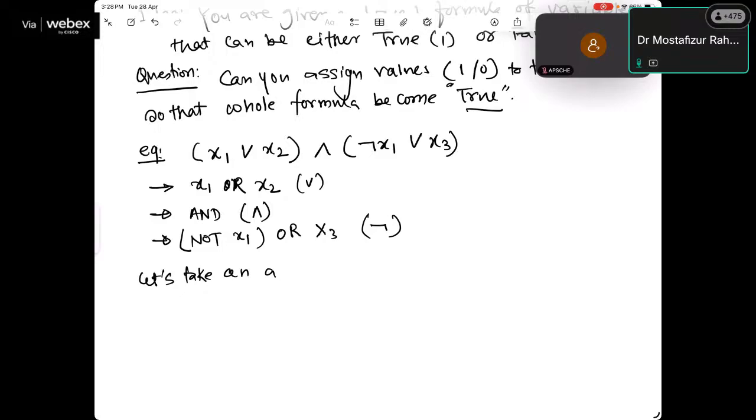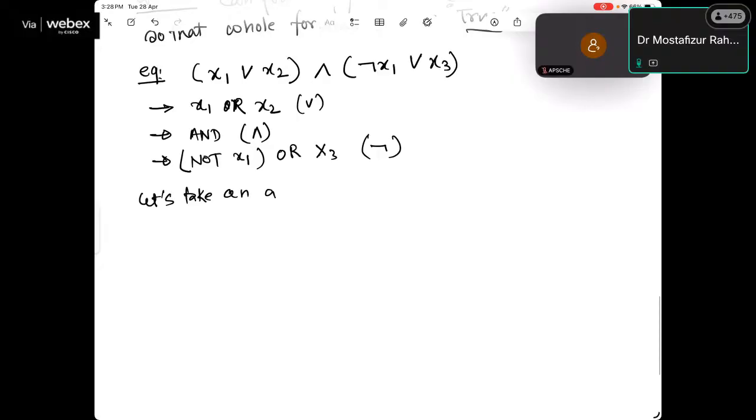Only if 1 and 1 are the inputs of the AND gate will the output be 1. So I have to pick values of x1 and x2, and similarly x3, such that the entire logic gives me 1. So let's take an assignment.